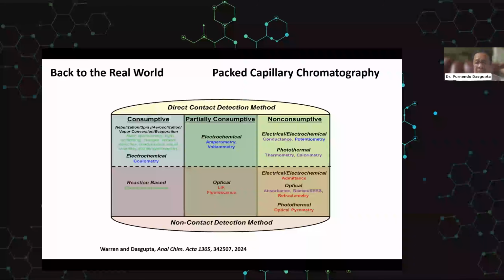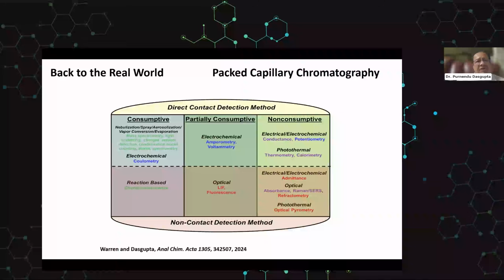Some detectors, which are not very easy to use on a capillary scale, are reaction-based, such as chemiluminescence. And then you have optical detection methods: absorbance, fluorescence, Raman detection methods, photothermal, which measures heat that develops out of absorbing light, and you have electrochemical detectors. There's a difference.